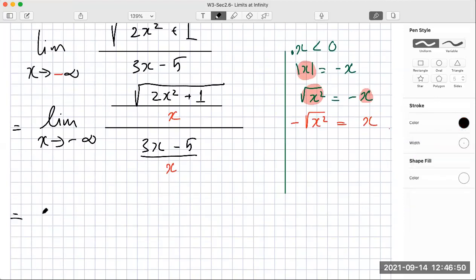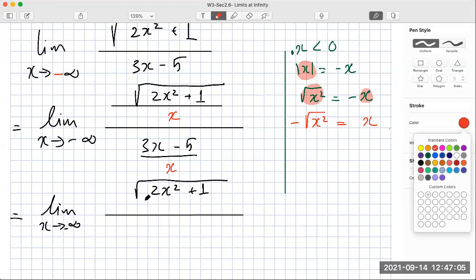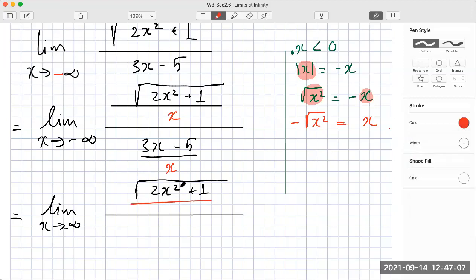Then this will be the limit, when x approaches negative infinity, of square root of 2x squared plus 1 divided by negative square root of x squared.